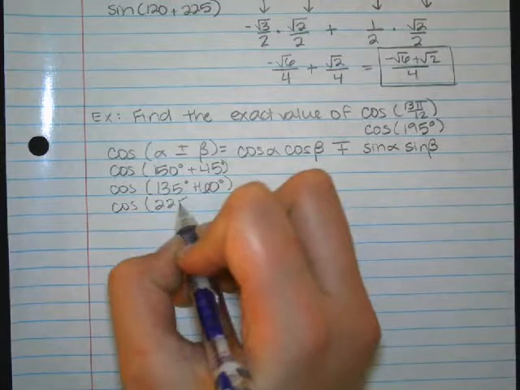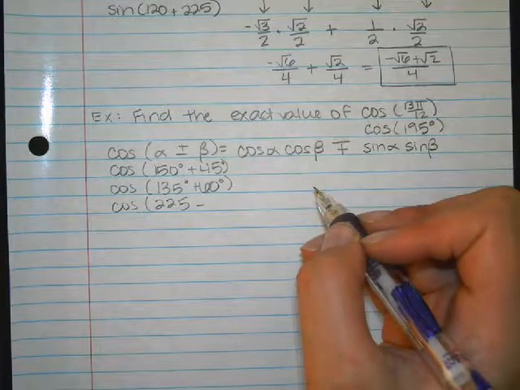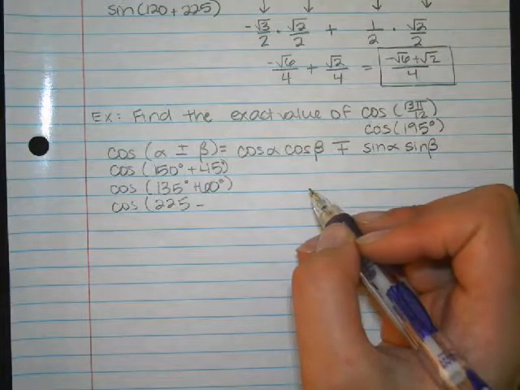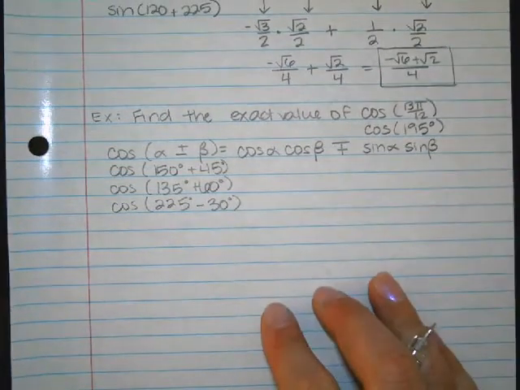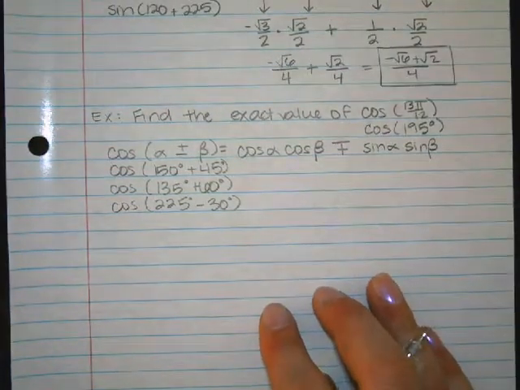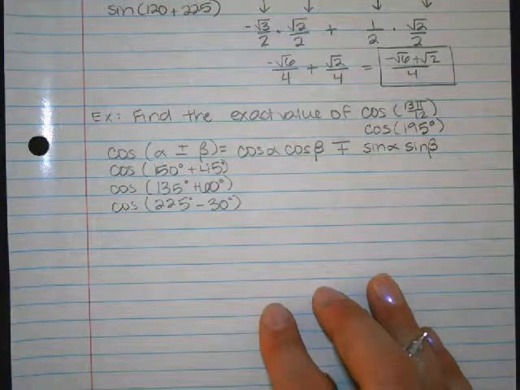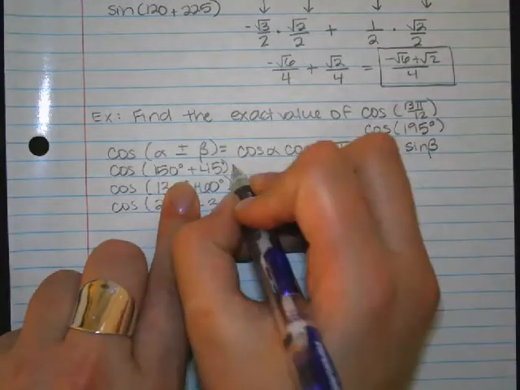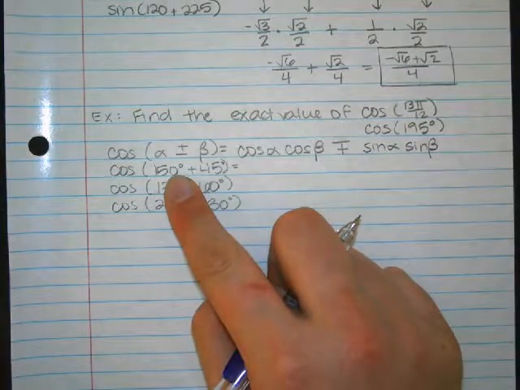That's too big. 225 minus 30. Okay, so again, there's multiple options. There's not only one option, there's more than one. Which one do you guys want to do? The first one. Okay. Now, do you guys want to use the degree measures, or should we think about this in radians so it's easier for us to think about?